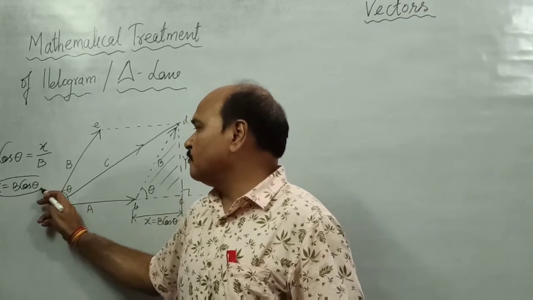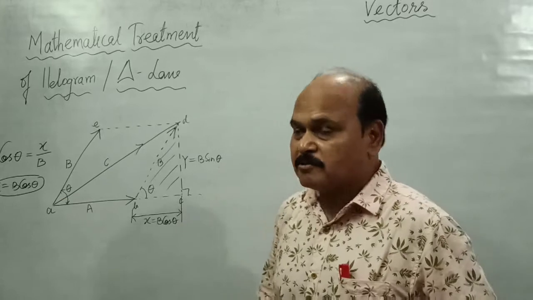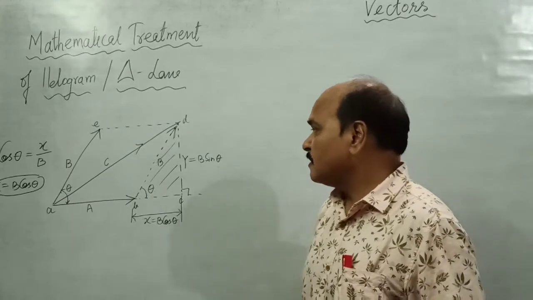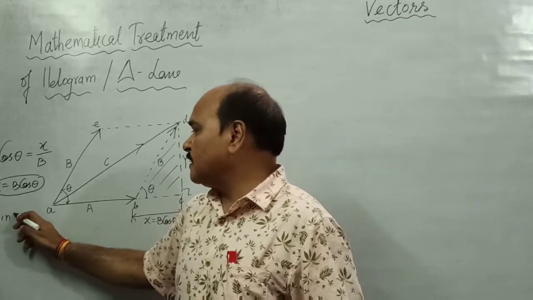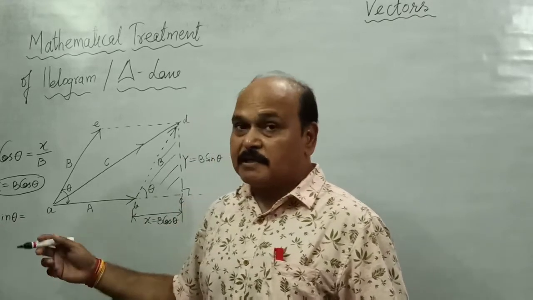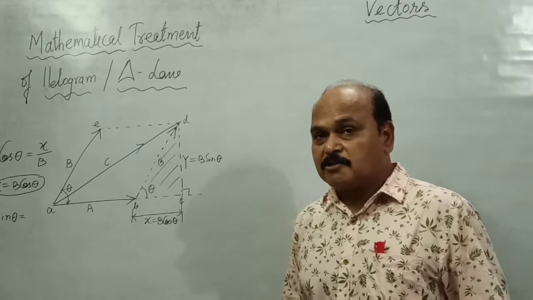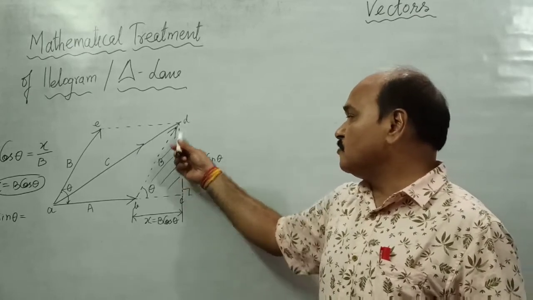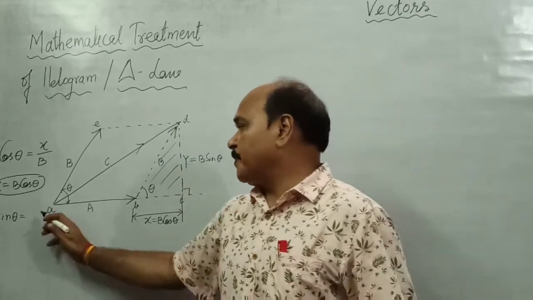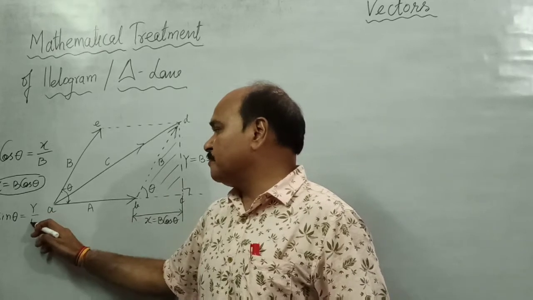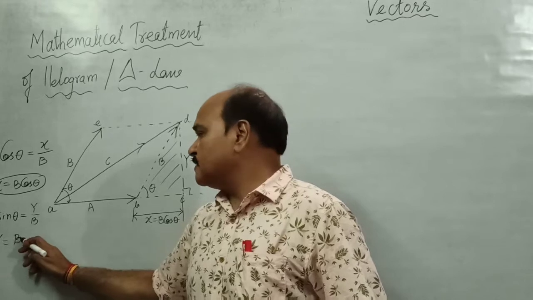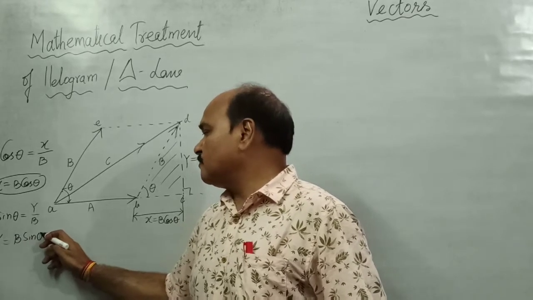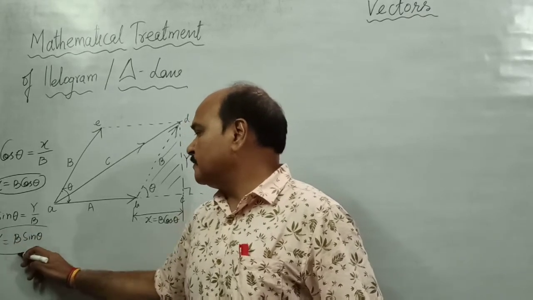You can do this when you do not understand the resolution. And sin theta in any right angle triangle is the ratio of perpendicular to hypotenuse. So perpendicular is y and hypotenuse is B. This simply means y is going to be B sin theta, and that is what we have written here.